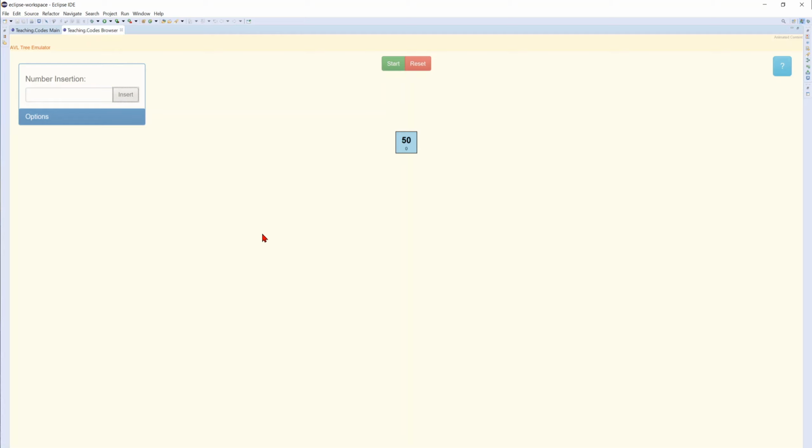So it placed 50 and the balance factor is, by the way, 0. Now I insert, let's say, 30. It goes to the left. 80 should go to the right. 70 should go between 50 and 80.